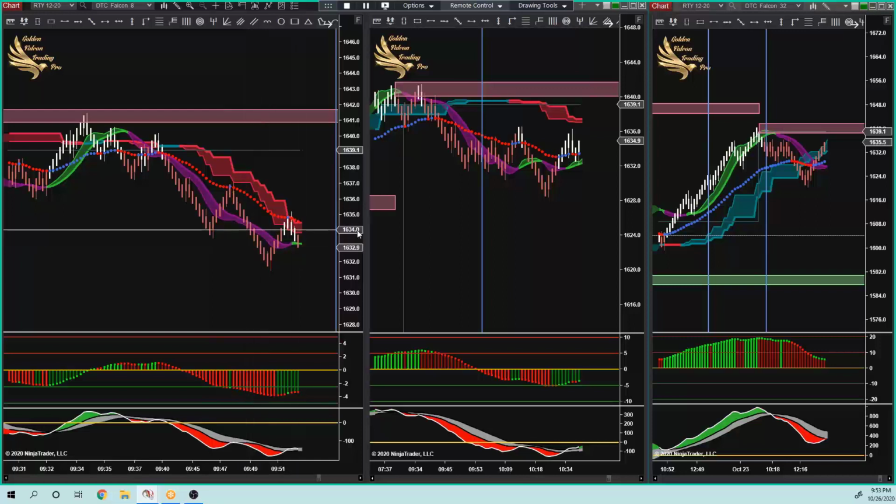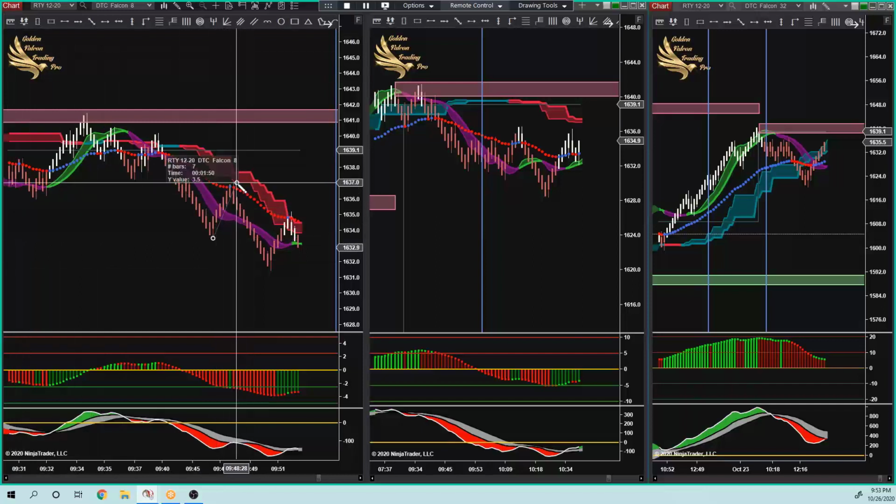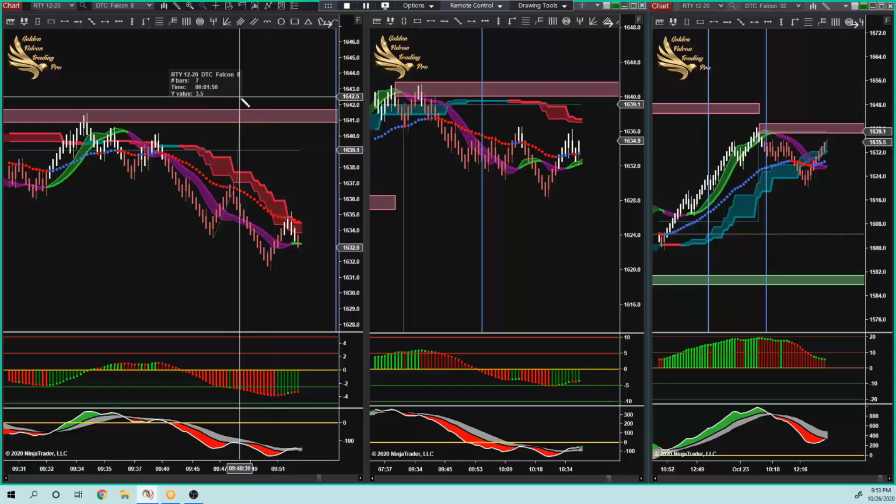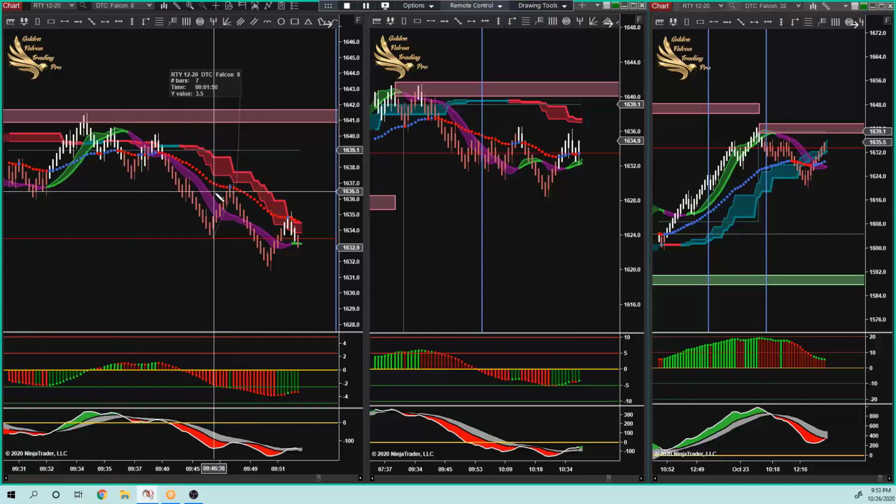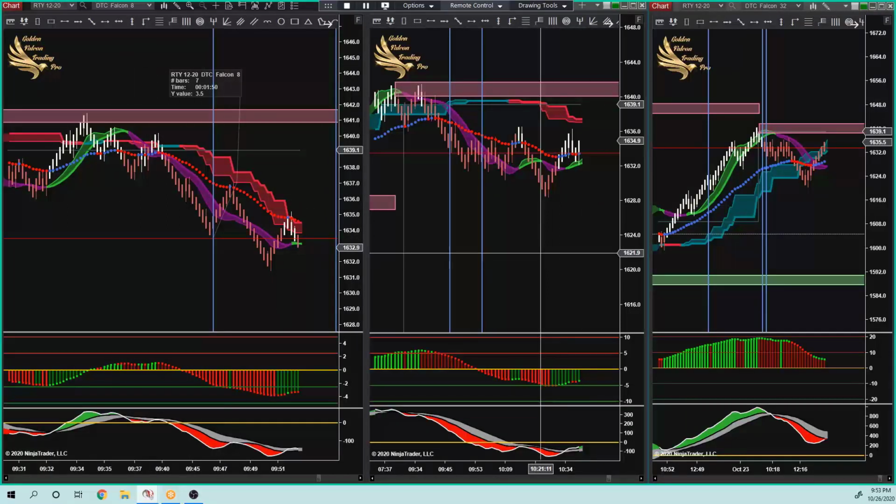One thing you can do on your own time is just measure the bar. Like, okay, this went how many? That went 3.5 points. Then let's mark off that spot and mark off this spot of this bar. Let me delete this.